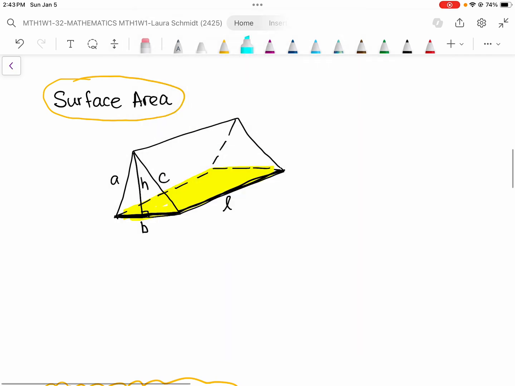And then you might also want to find the surface area of the front of the tent and the back. It's a triangle, so you'd have to do base times height divided by 2, and you have 2 of those. And then you have a couple more sides to add in as well.